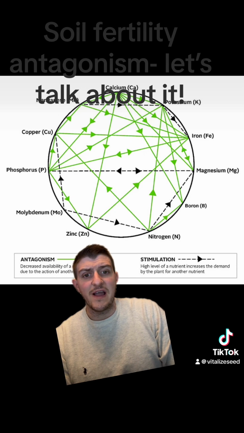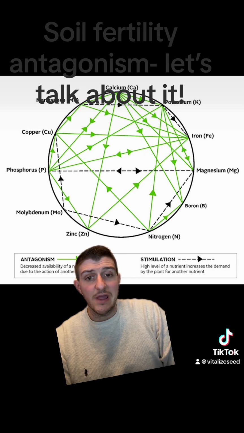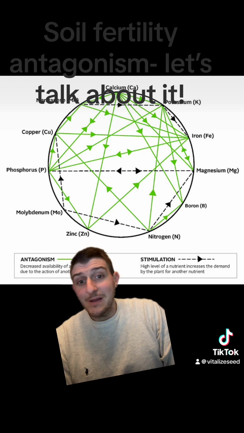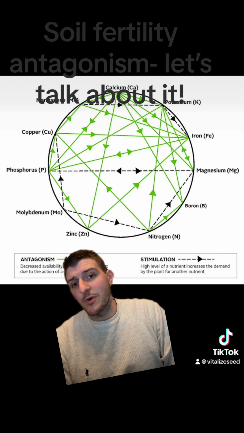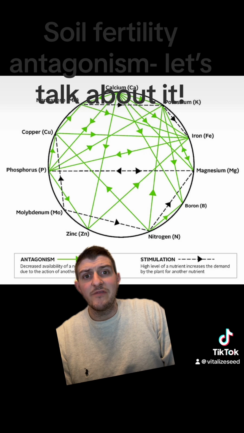Of course, there are other factors in there such as biology and pH and everything else that we want to talk about. So what do you have to do when you get a soil test back and something's really, really high? Sometimes nothing. Sometimes just a little bit of research.